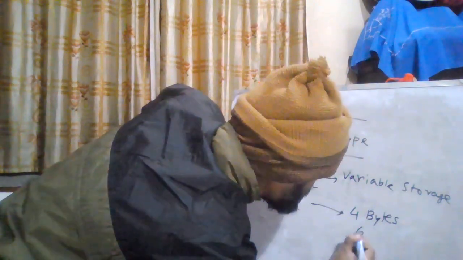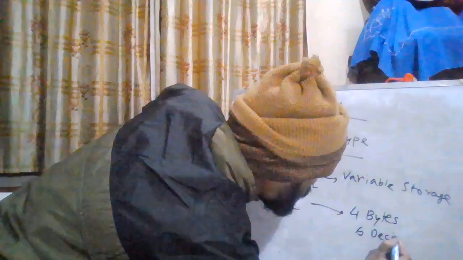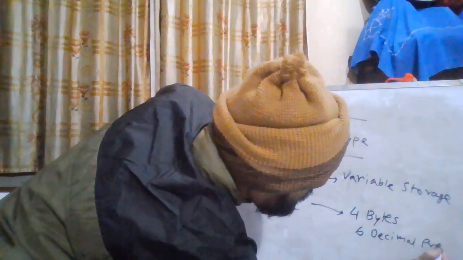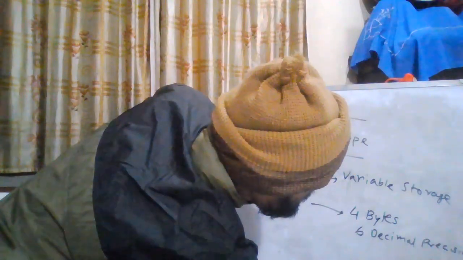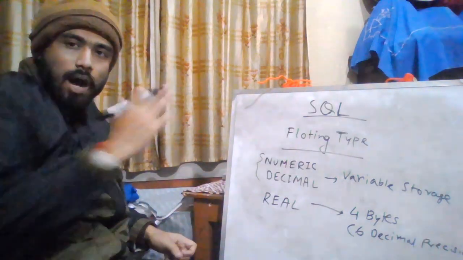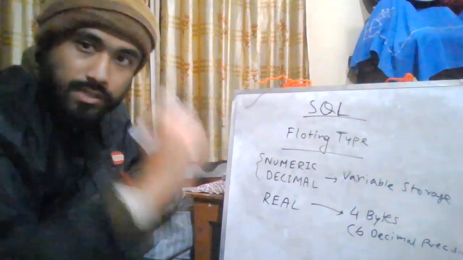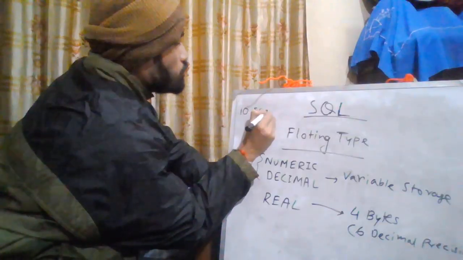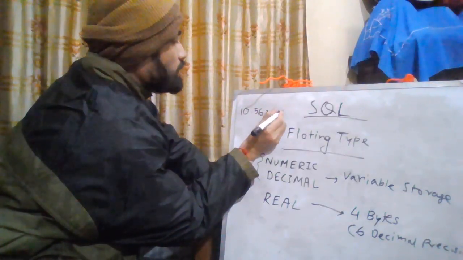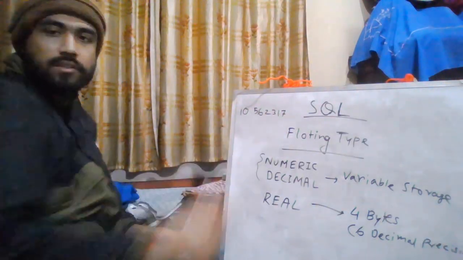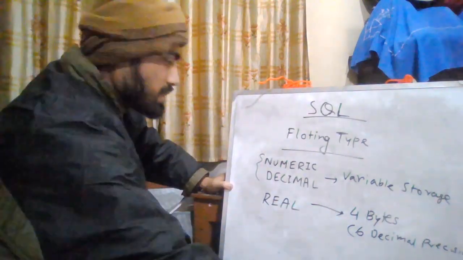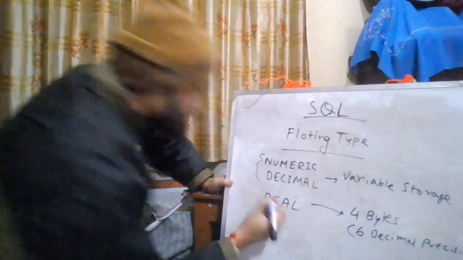After the decimal point, we can have precision up to 6 digits, like 10.56 then 1317. So in real we can have 6 digit precision.